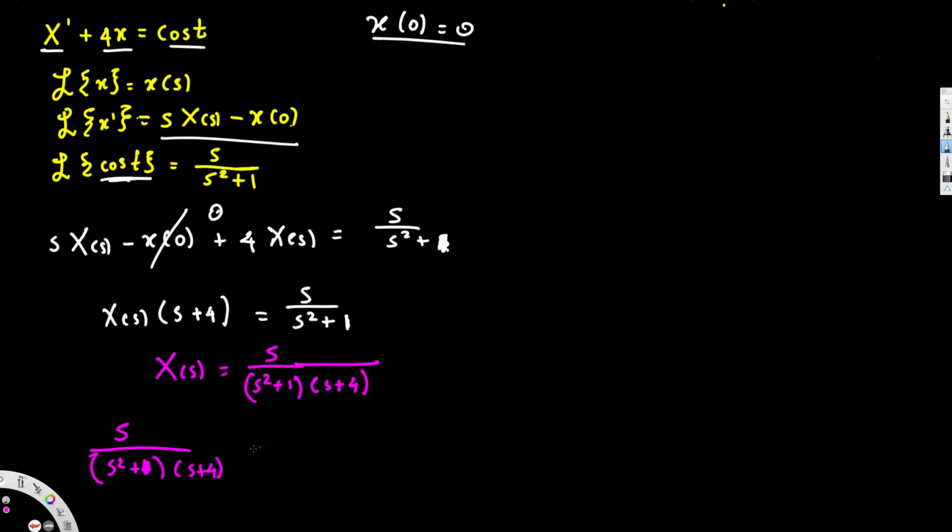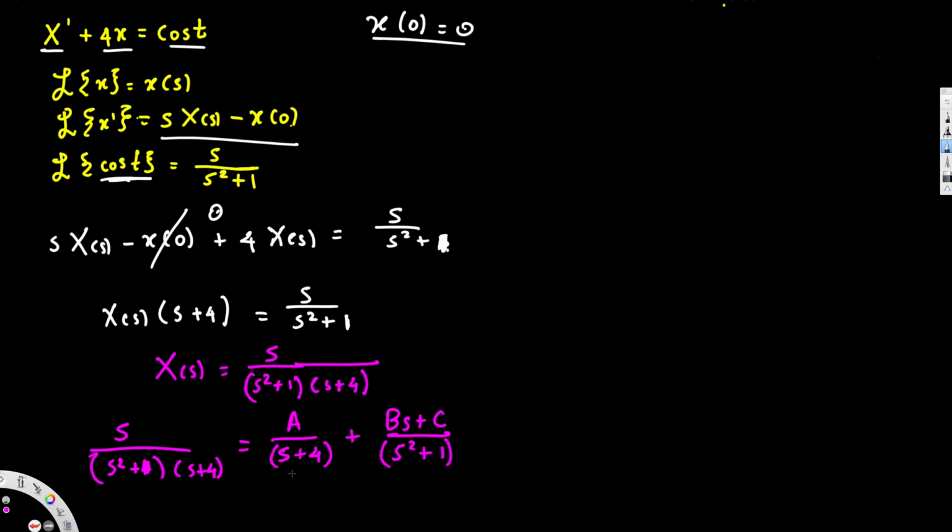If you do the partial fraction, this is going to be a over s plus 4. Actually, s squared plus 1 is a quadratic, so we have to have a linear function over it: bs plus c over s squared plus 1.